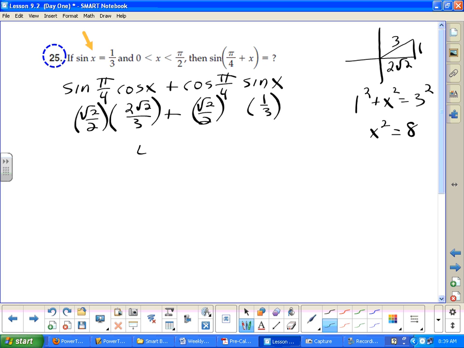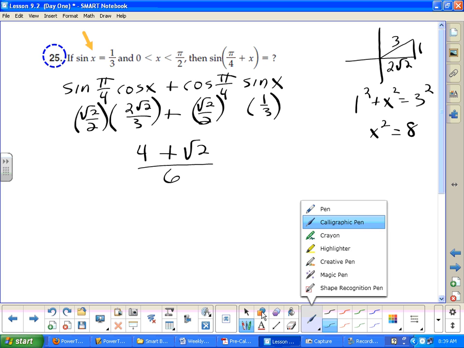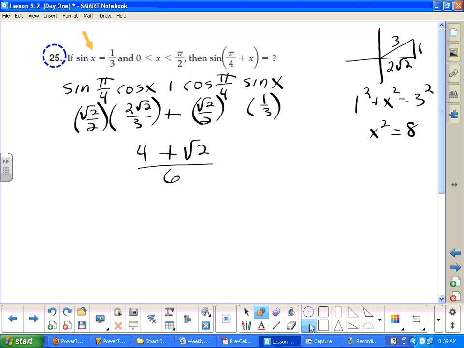All right, so we have 4 plus square root of 2 times 1 is square root of 2 over 6. Okay. All right, and we can leave it that way. So there's our answer to number 25. 4 plus square root of 2 over 6.